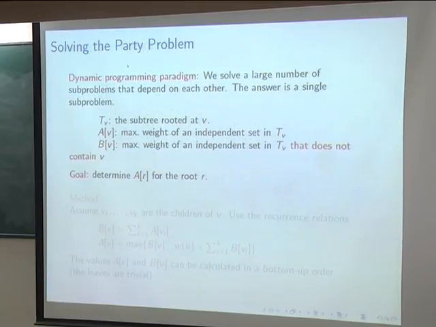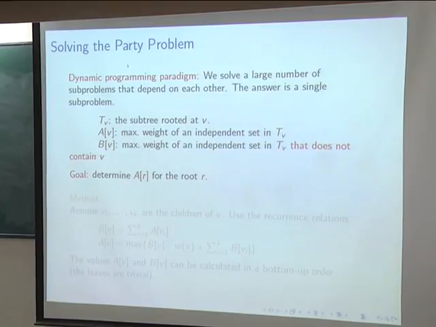We are going to store 2 values at every vertex. At A_V, we store the maximum weight independent set in this tree T_V. And B_V is the maximum weight independent set in T_V if we decide not to include V.